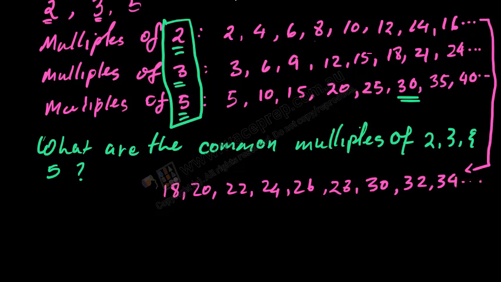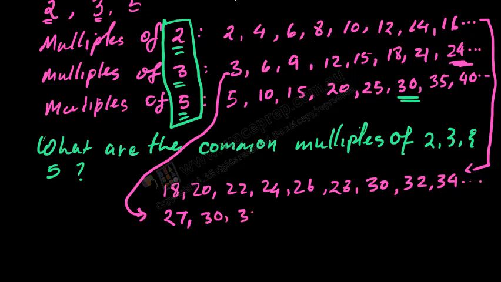For 3, if we bring 3 here, then we know that after 24 we have 27, and then 30, 33, 36 and so on. And for 5, we don't have to do it because we can already see that 30 right there.